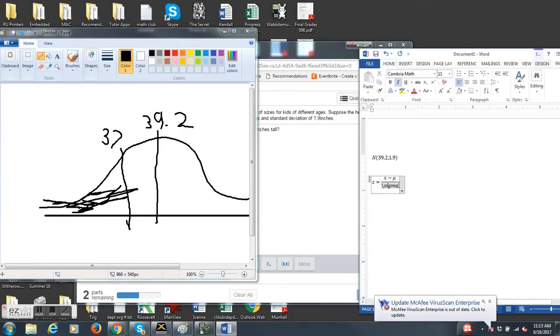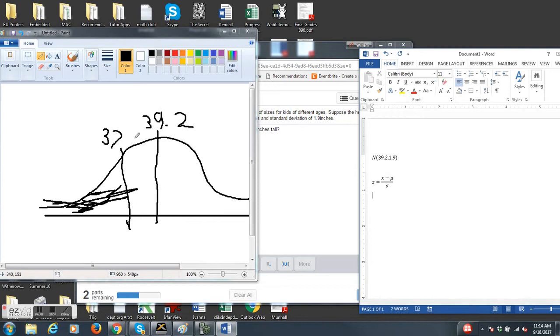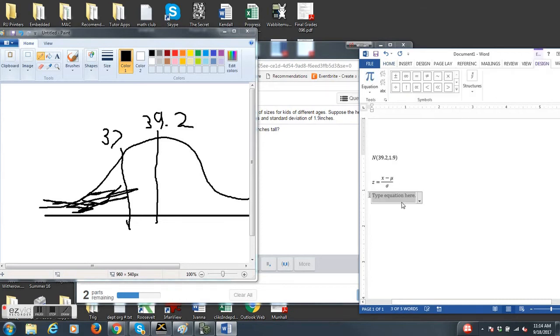So my x is my data, 37. 39.2 is my mean, and 1.9 is my standard deviation. So what we have is 37 minus 39.2 divided by 1.9.